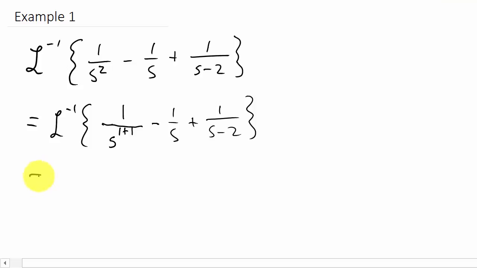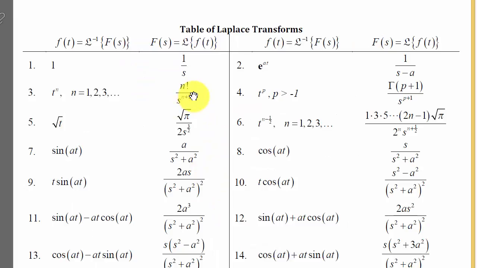Alright, so if we take the inverse Laplace transform, now that we have it in this form, that's t raised to the n. And what's n? Well, n is 1, so that would just be t.